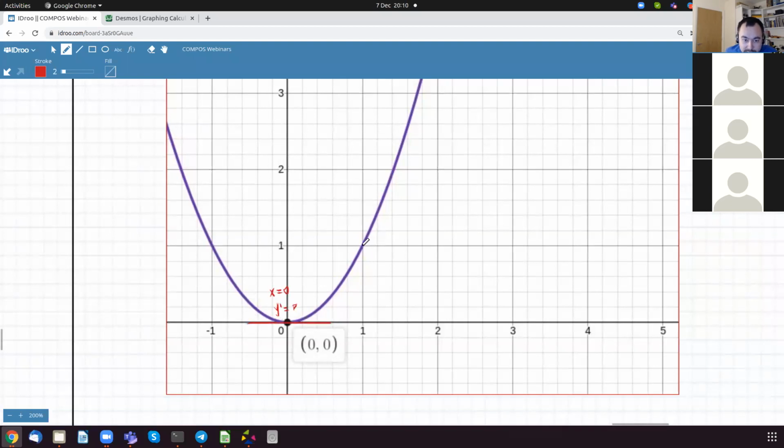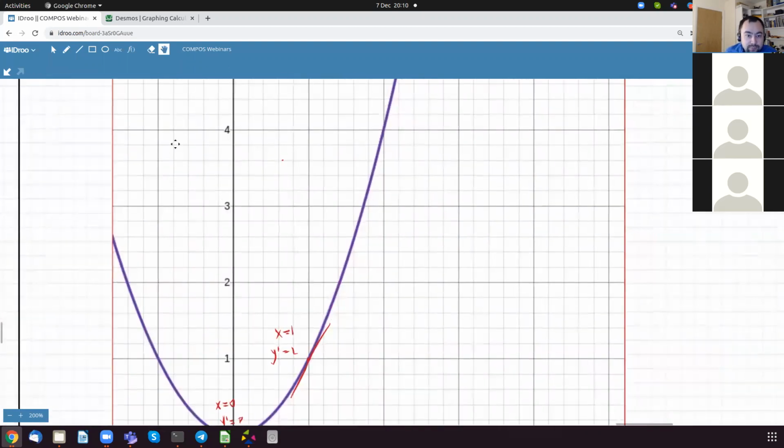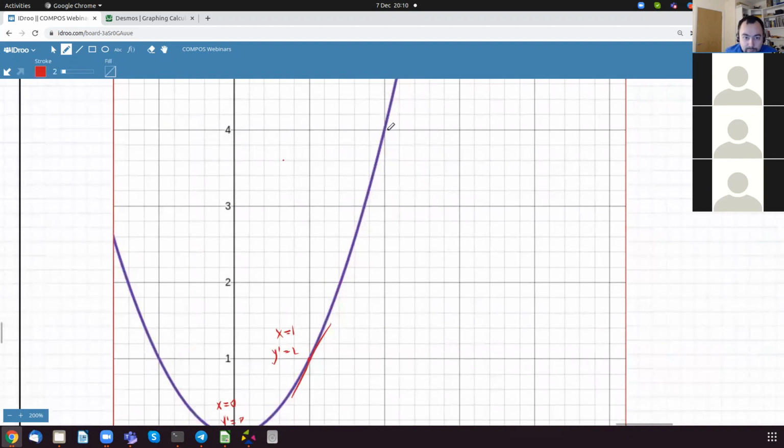When x is 1, the gradient is 2. When x is 2, the gradient is 4. And it's sort of believable. I'm not proving it, but it's believable. It looks like it is like that.